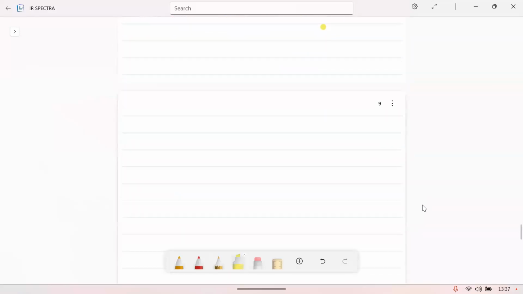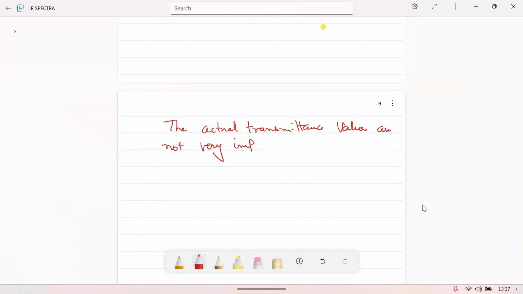So the actual transmittance values are not very important at this stage. That means at the A levels where we are talking, it is not important for us. The intensities are important.